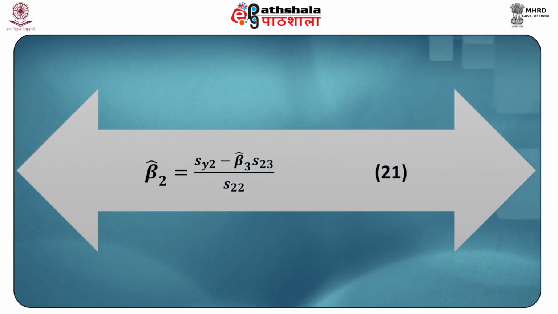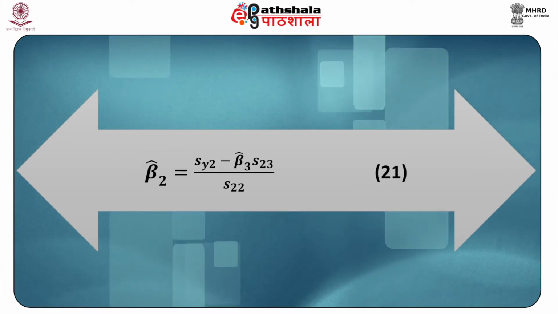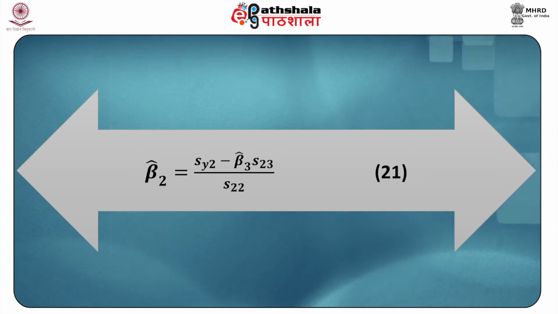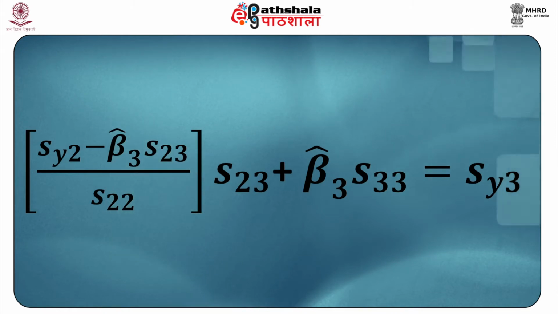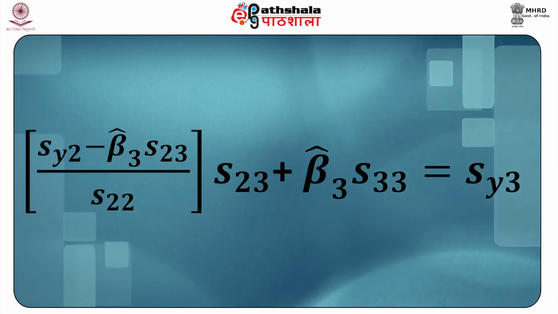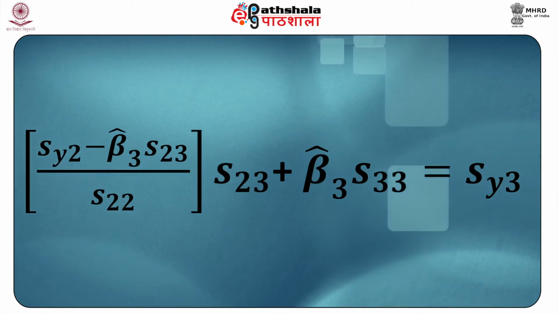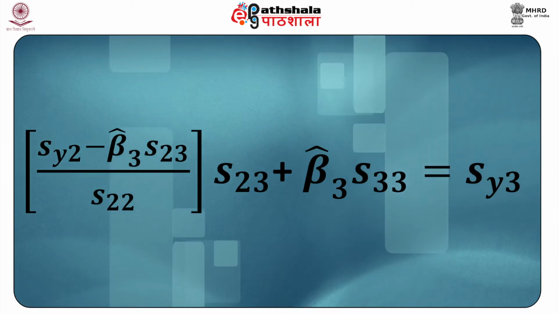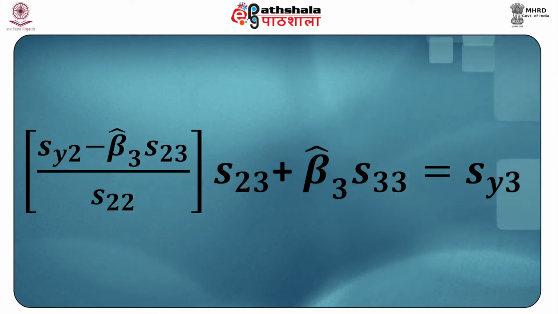Now the solution to the above two normal equations is simple, and it is that beta 2 hat is now equal to sy2 minus beta 3 hat s23 upon s22, and we can denote this as equation 21. Now substituting this into equation 20, we may obtain sy2 minus beta 3 hat s23 upon s22 into s23 plus beta 3 hat s33 equal to sy3.